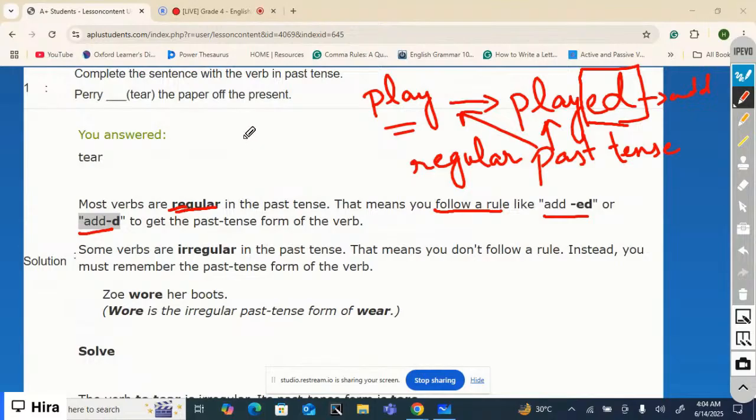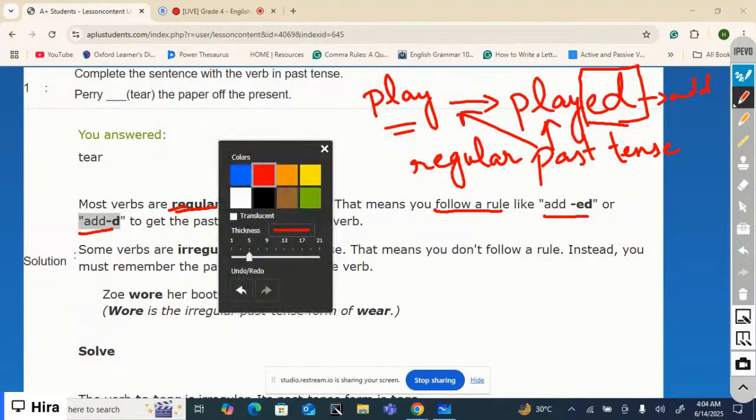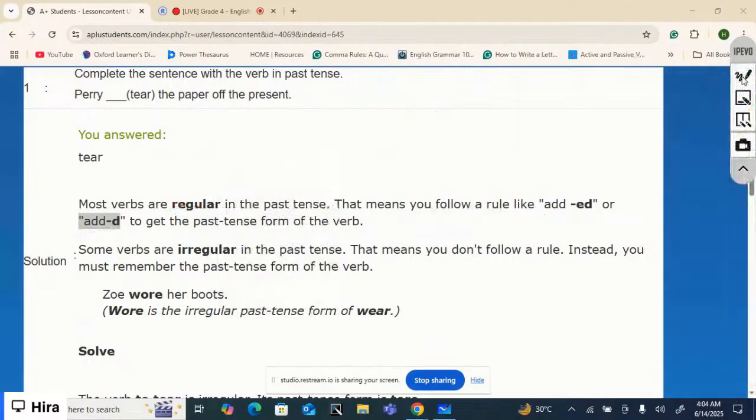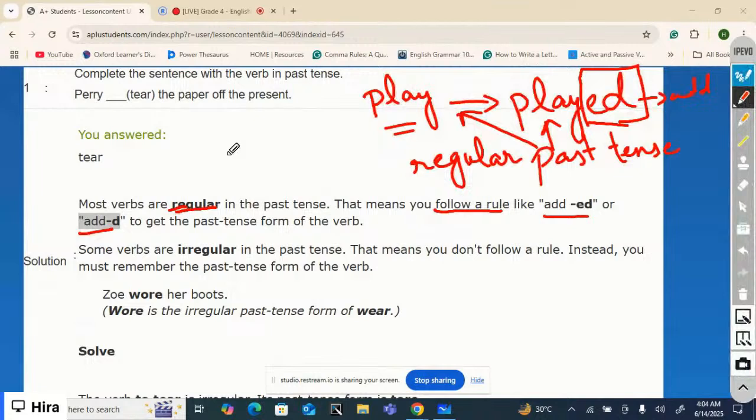Let me give you an example of a verb which takes d. Dance. If dance is a verb, if you want to make the past tense verb, you just add d, danced.